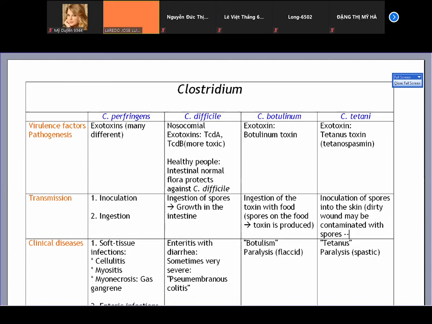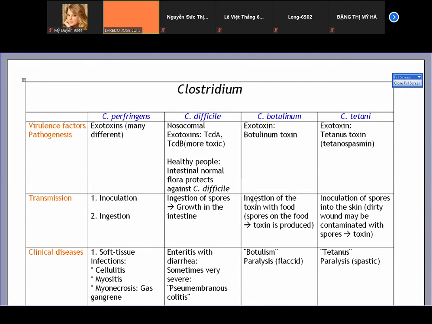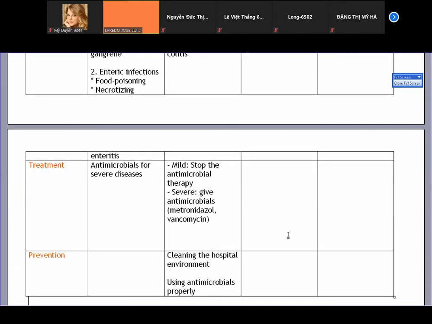So Clostridium tetani will grow and it will produce the toxin, and the toxin will be absorbed. So the mechanism is different, and we are going to try to explain the disease.